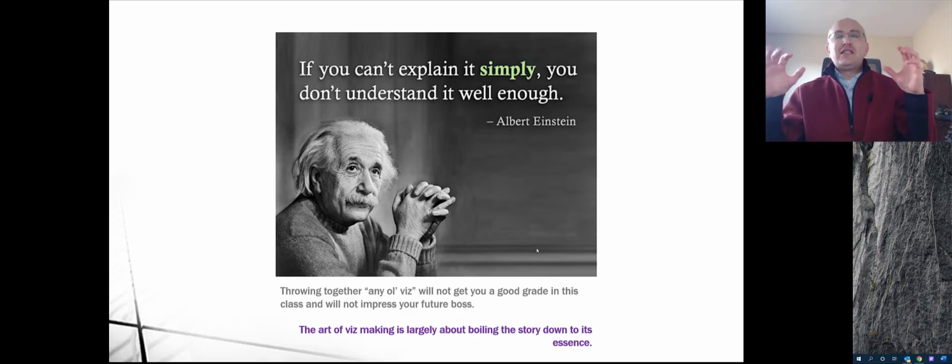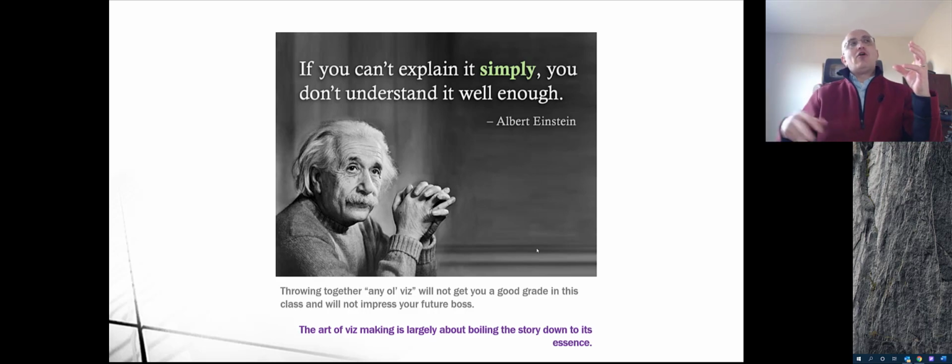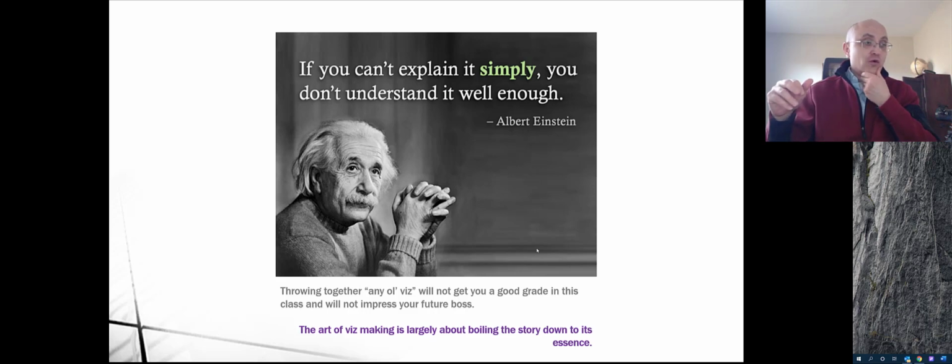So remember, this is about swimming in the data. This is about exploring the data. This is about getting to know the data so that you know the story that it tells, and you can identify an interesting question that you can answer very well with a visualization.